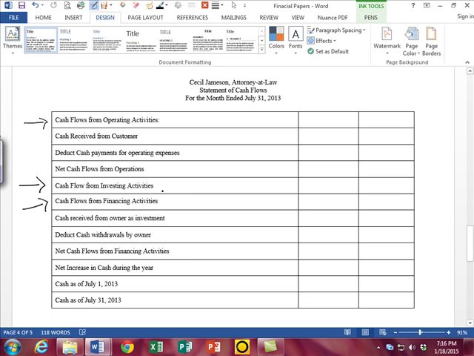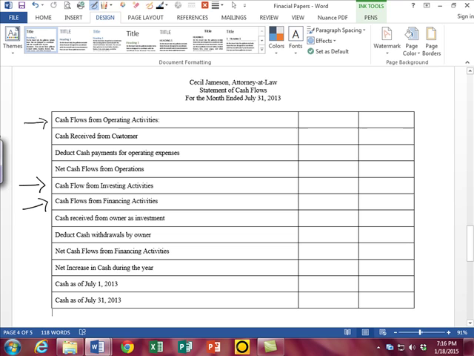Did you buy or sell large assets? This is based off of financing. Did the owner put money in? Did you get money from creditors? Did you pay them? Did the owner take money out? We then determine if there was an increase or decrease in cash. We put in what was the beginning cash for the month to determine what the ending cash balance is. So let's list all this information in here.